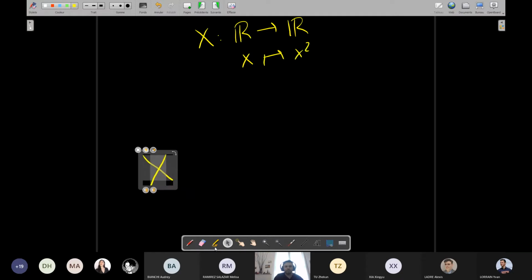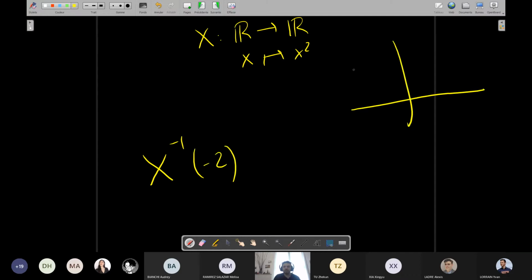Alban asks, what happens for my X squared random variable, where X is the function that goes from R to R and takes x to x squared. What would you say is the inverse image of -2? X squared is a parabola here, -2 is this. What's the inverse image of -2, Alban?